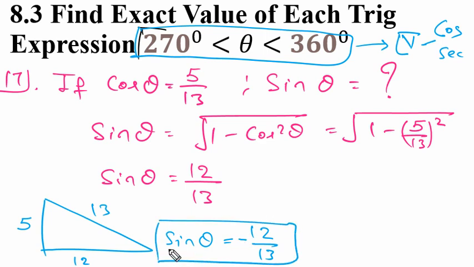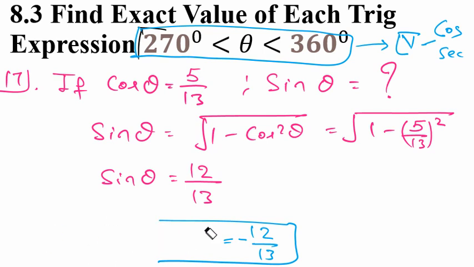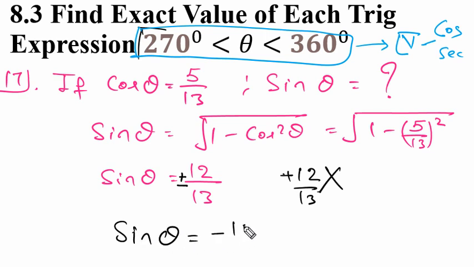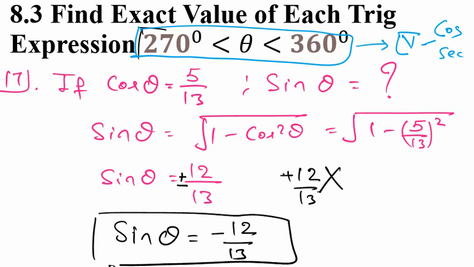And that's your answer. If you solve the square root, as I told you in the previous video, you get plus minus 12 over 13. Will I take the positive answer? No. Why? Because sine is negative in quadrant 4.